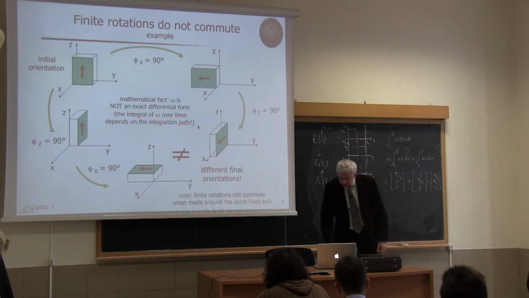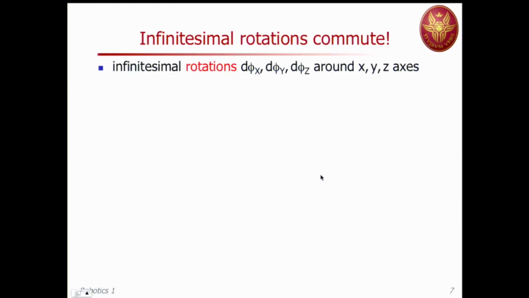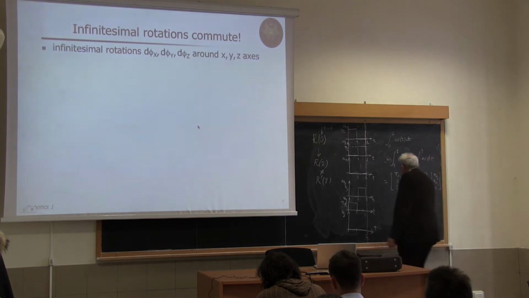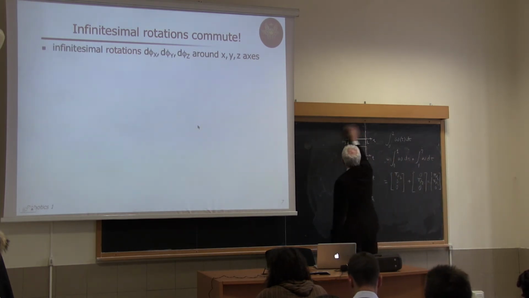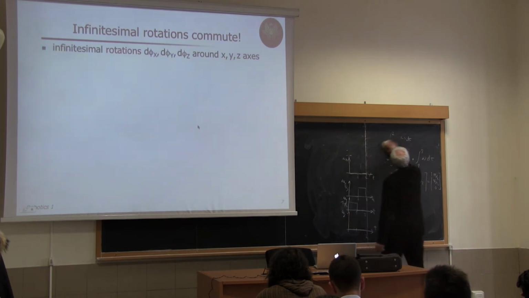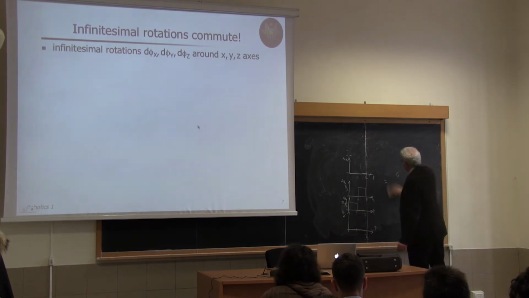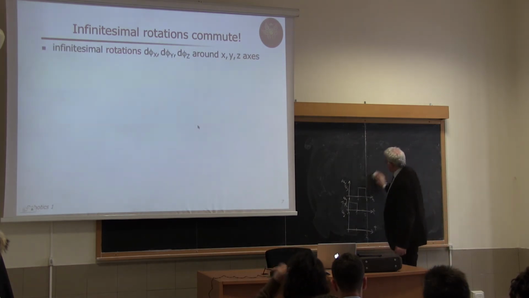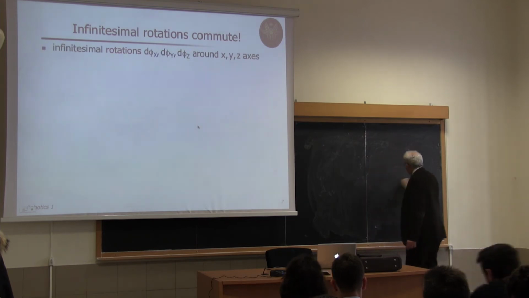Okay, so what about now infinitesimal changes of orientation? This is quite interesting because this is a computation that we should do together once in our life and then forget. Or better said, then not forget, but not do it again.